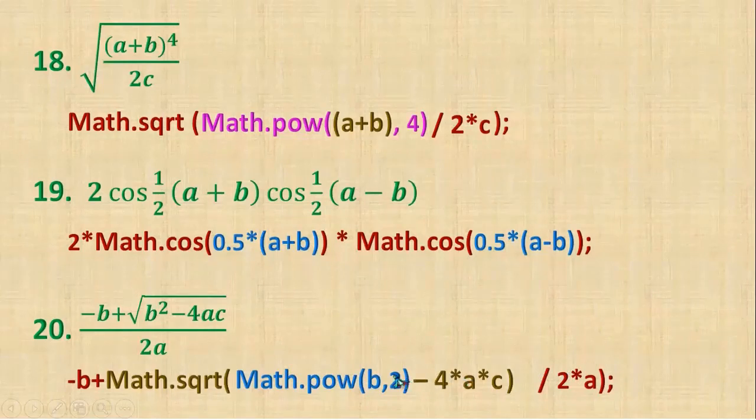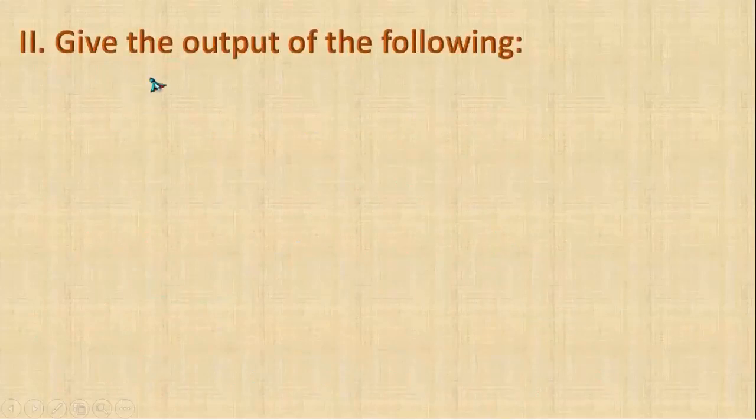If we write like this, this will be a wrong answer. We have to put whole divided by. So we are supposed to give open bracket and close bracket, that is the whole thing is divided by 2 into a. Next we will see some output type question.